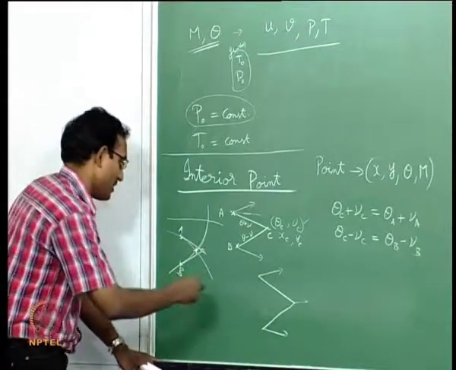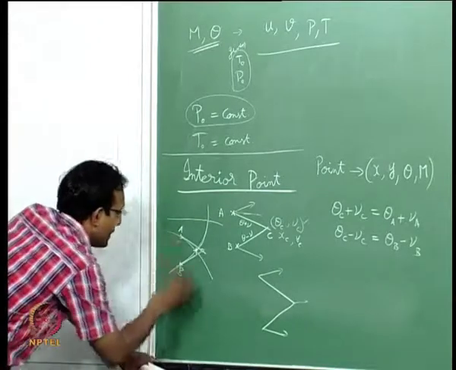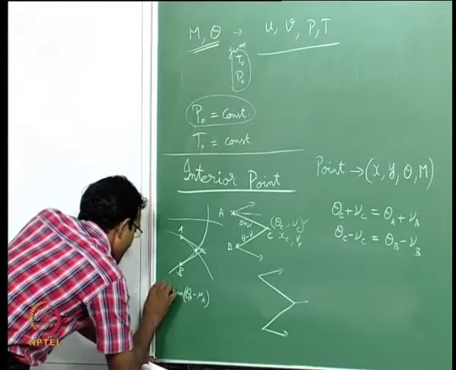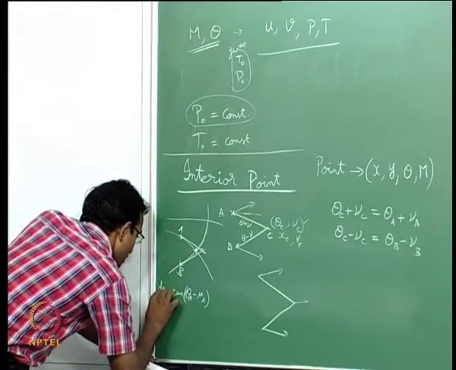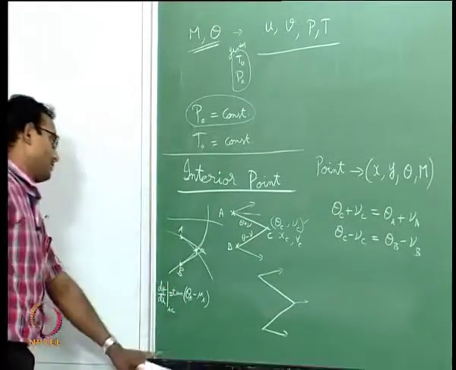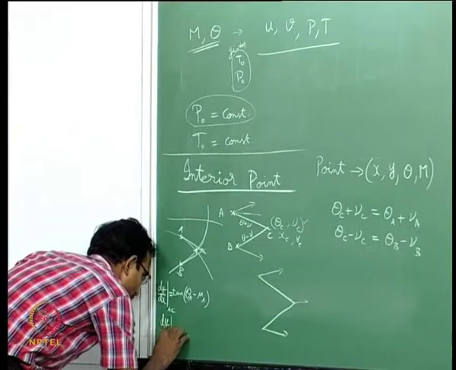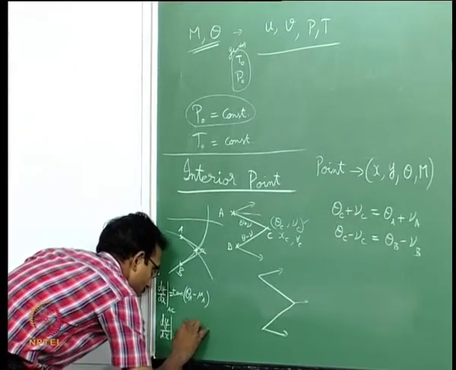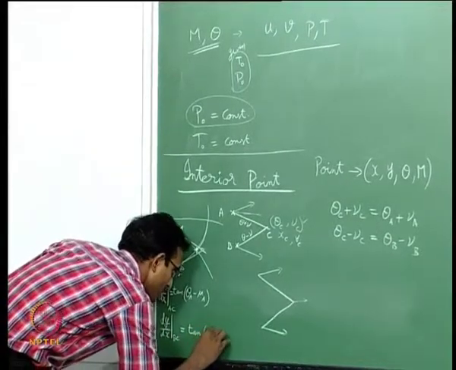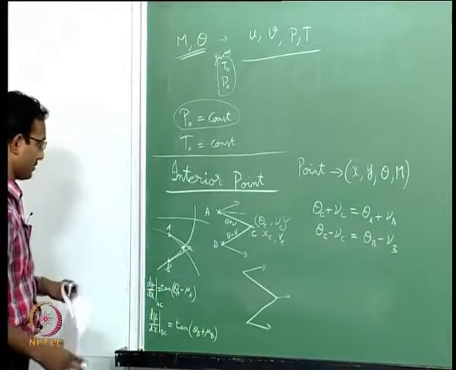So, I can just go ahead and write tan of theta A minus mu A is my dy by dx of AC, and similarly dy by dx of BC is equal to tan of theta B plus mu B, this is a positive characteristic. I can write like this.